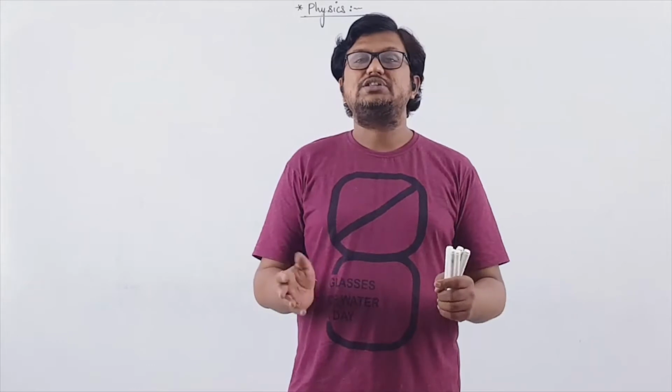In that conference, scientists throughout the world decided the minimum number of physical quantities, and those were given the name fundamental physical quantities or base quantities. Their units were known as fundamental units or base units, and the seven quantities combined together were given the name SI unit system. So there were seven physical quantities in the SI unit system. Their names, their units, their symbols, everything was decided in that conference.